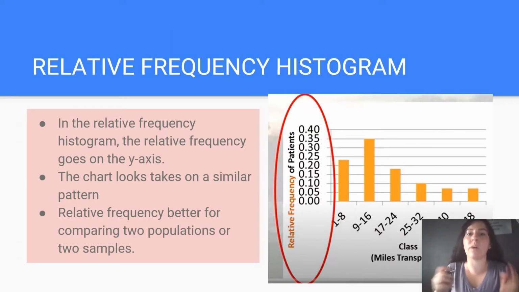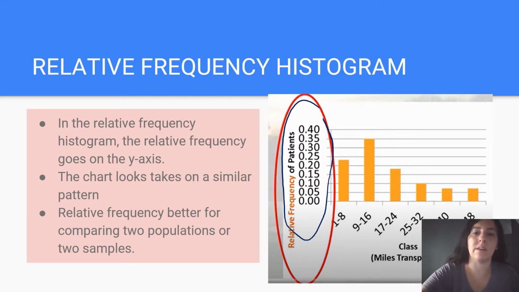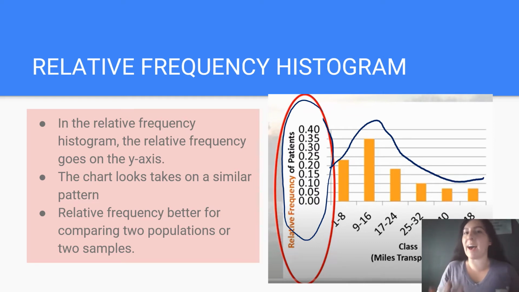Okay, so in a relative frequency histogram, the relative frequency is still going to go on the y-axis, in the same place, and your chart is still going to look similar. It's going to have a similar pattern when you plot it.